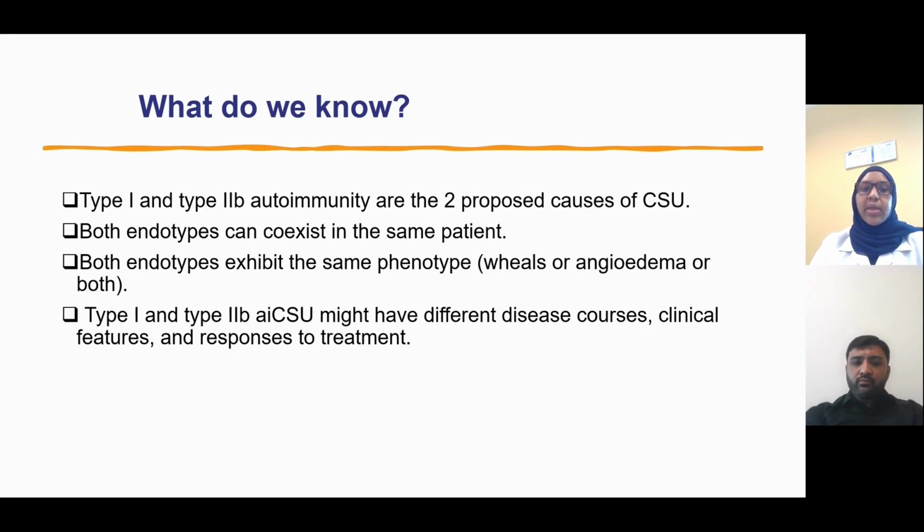Both endotypes may coexist in the same patient, or you might find a patient with only one endotype. However, both endotypes have the same phenotype of wheals, angioedema, or both, as we saw before. And type 1 and type 2B autoimmune CSU have different disease courses. They have different clinical features and response to treatment, as we saw before.